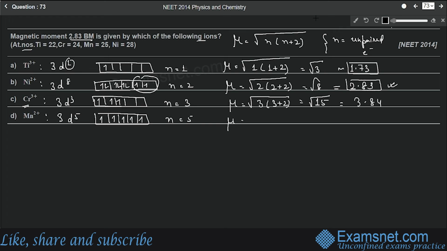And magnetic moment mu will be equal to under root 5 into 5 plus 2. Okay. So here we'll get under root 35, and the value of under root 35 will be 5.89 Bohr magneton. Okay. So here the question was asked about 2.83 Bohr magneton. So that is related to the second option only, nickel 2 plus ion. So option B will be the correct answer.